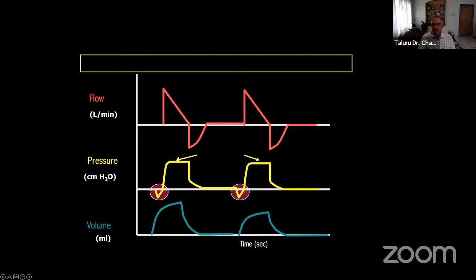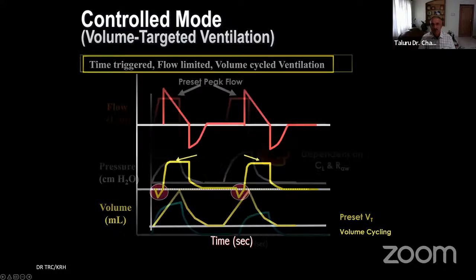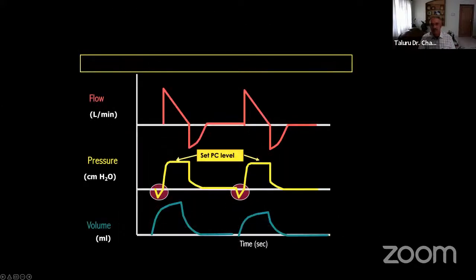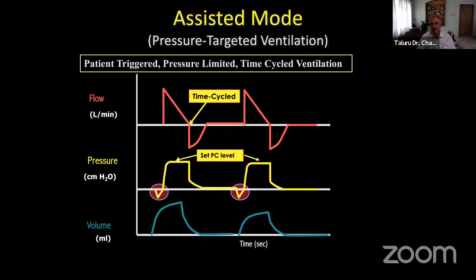Like the one we saw here, pressure changes, whereas here, pressure doesn't change. This is prefixed, set PC level. You have to look at it. If the patient starts producing lesser volume, then you have to know something has happened and do the same deduction. Same deduction has to be done.